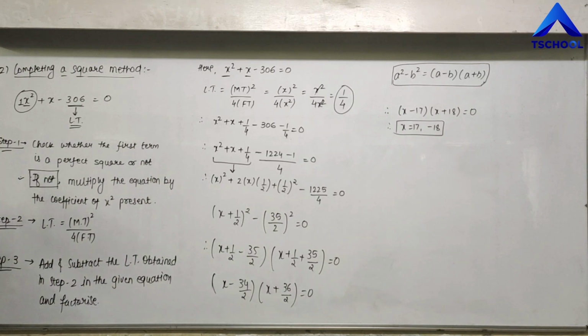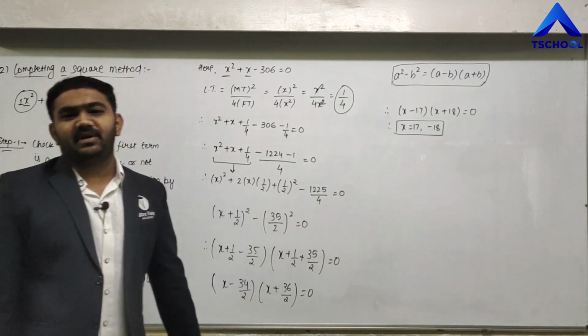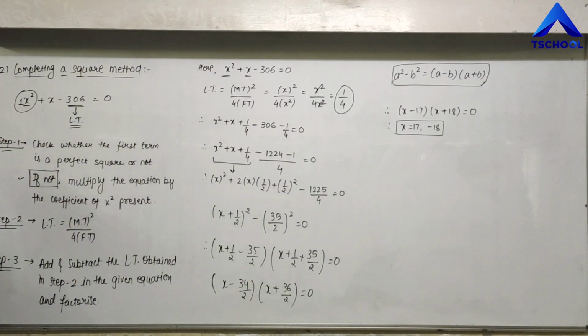So friends, it might be clear with you how to solve this kind of sum by using the completing a square method. Let us again quickly discuss this. The steps I think you might write down in a book, and then you solve this sum so that you can easily come to know how to solve them. Check whether the first term is a perfect square or not.